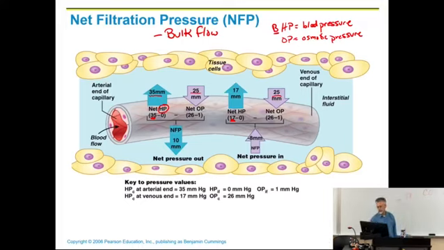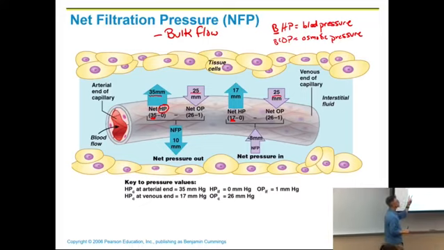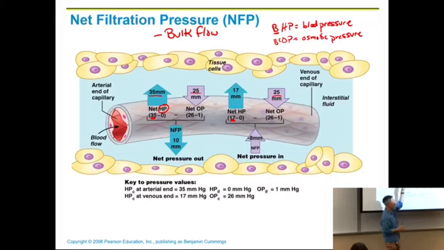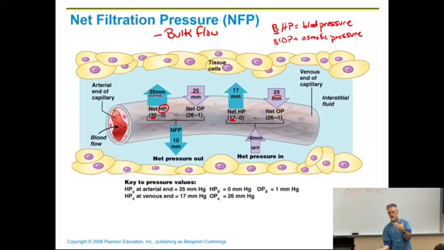And this is our blood osmotic pressure, and sometimes they call it colloid osmotic pressure. Okay? So those are the two pressures that cause this fluid to move. At the beginning of the capillary, the blood hydrostatic pressure is higher, so we get a net movement out, which is exactly what we want. By the end of the capillary, now the blood hydrostatic pressure is weaker. Now the osmotic pressure is winning, and we're drawing that fluid back in.